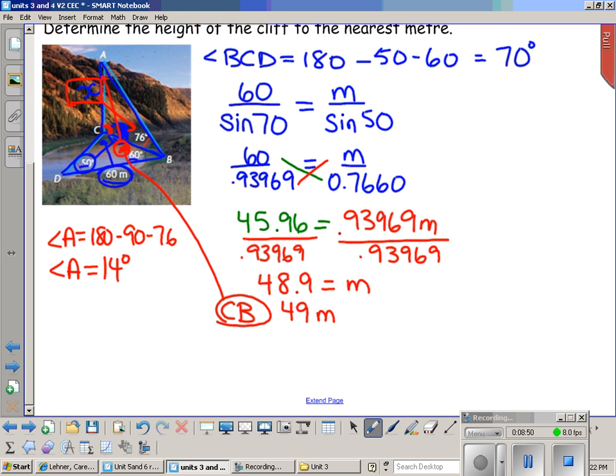So we can now use the law of sines again to calculate the height of the cliff. We have 49 meters with side CB. The angle it is opposite is 14. We are looking for side AC, and its opposite angle is 76.